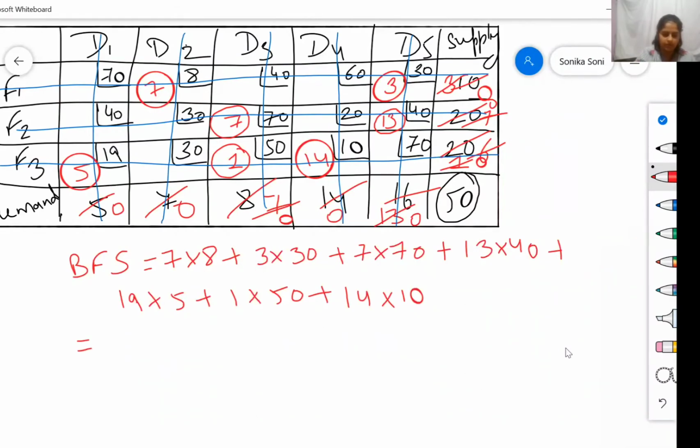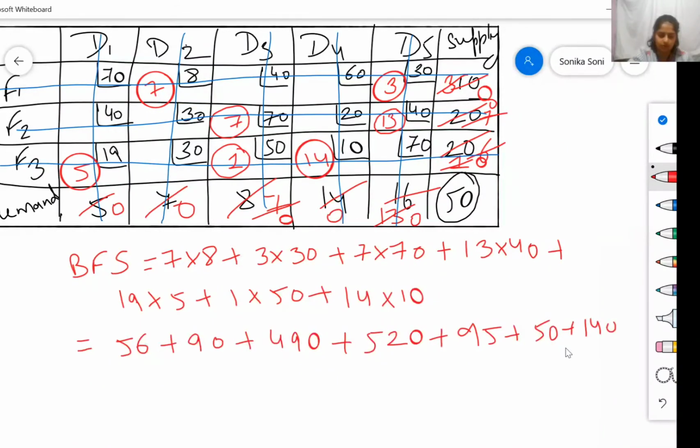So by multiplying we get 7 into 8 as 56, plus 3 into 30 as 90, plus 7 into 70 as 490, plus 13 into 40 as 520, plus 19 into 5 as 95, plus 50 into 1 is 50, plus 14 into 10 is 140.